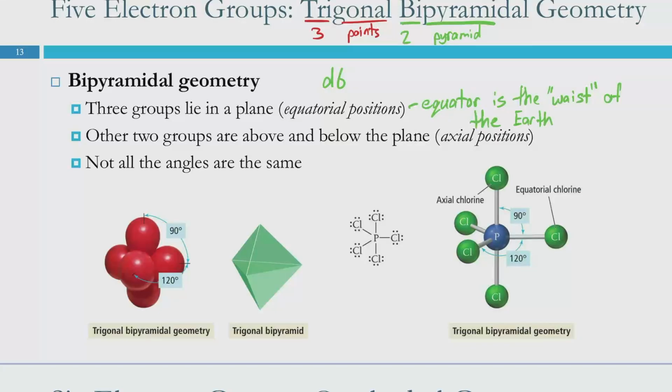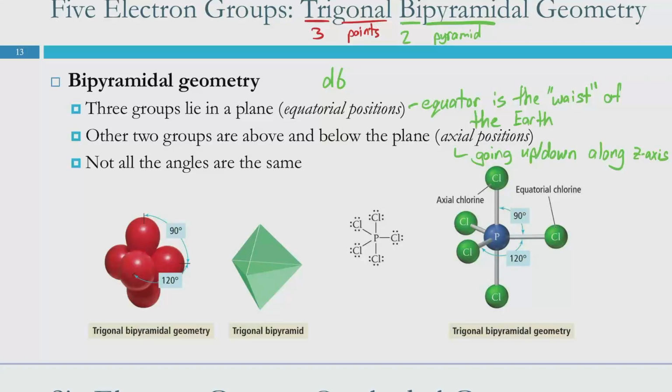So these are the ones that are flat, just going out in all directions. And then we also have groups that are going up and down, that are axial positions. So these are ones going up or down along what would be the z-axis, typically.